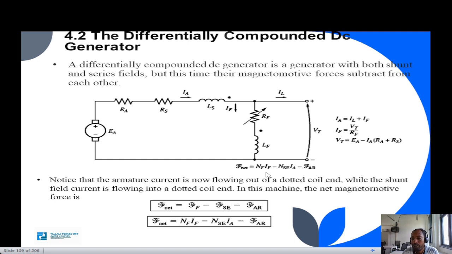The magnetomotive force inside the generator has an effect of subtraction. This current is leaving the dot and this is entering the dot, so they have opposite polarity. So the net magnetomotive force will be the difference of the two, along with armature reaction. Therefore it is called differential.